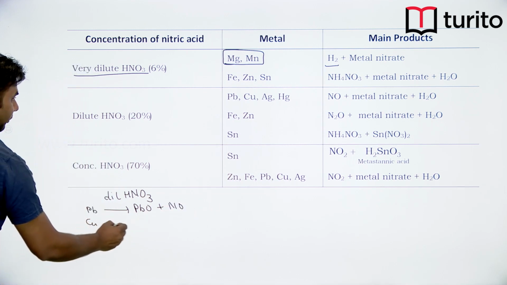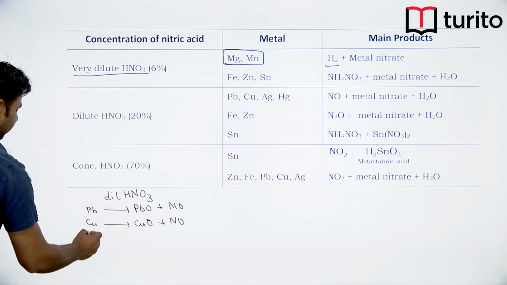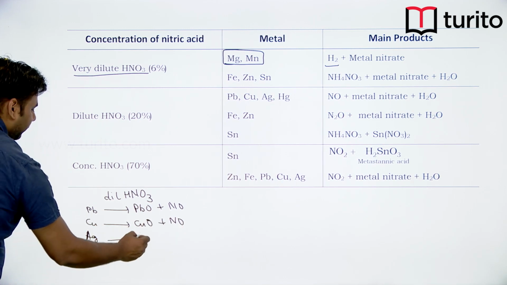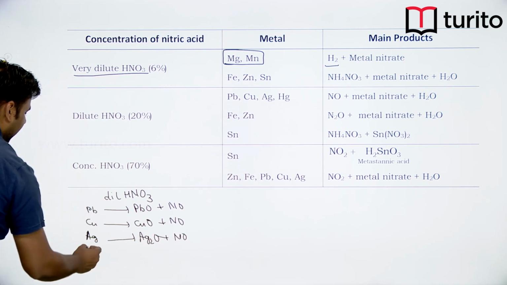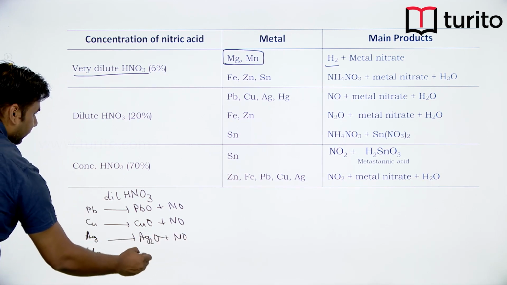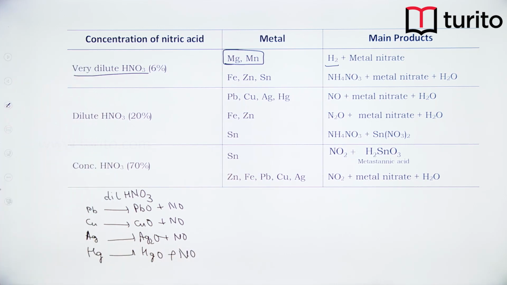If you react with copper, it would be CuO plus NO. Similarly, with Ag, it will form Ag2O plus NO. Similarly, if you react with Hg, it will form HgO plus NO. So these are the elements that you directly react with dilute HNO3.